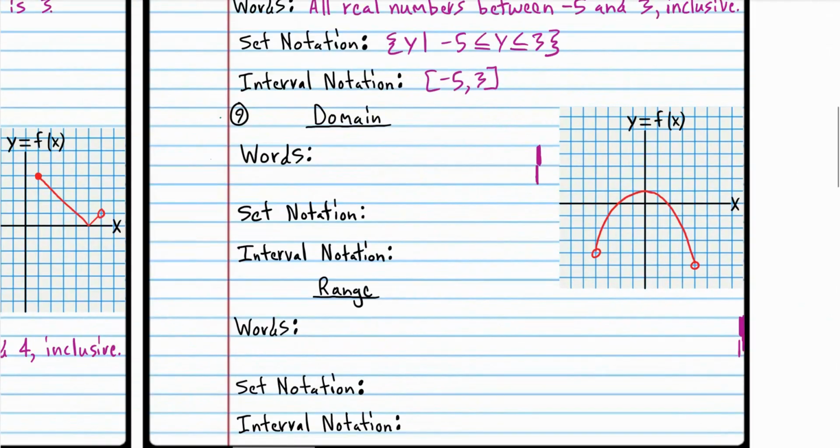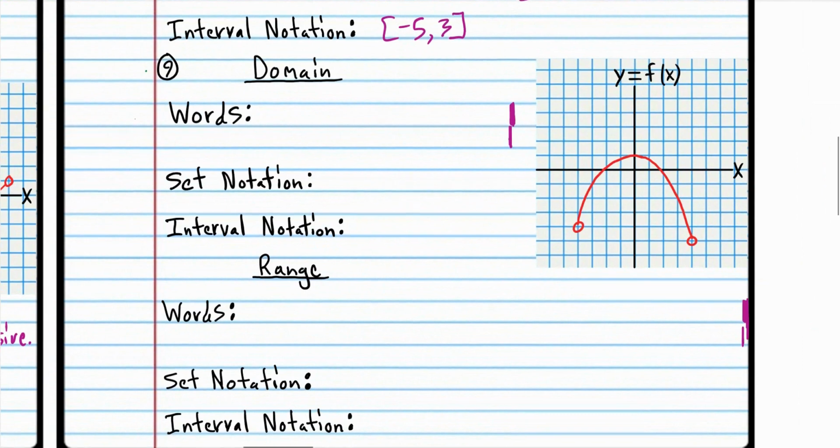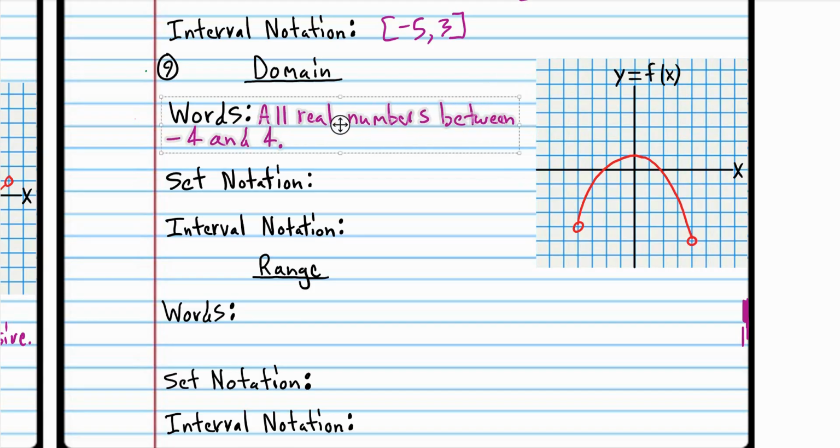Okay, we're back. So the domain is all real numbers between -4 and 4. So all the x values of the points on the graph are between -4 and 4.